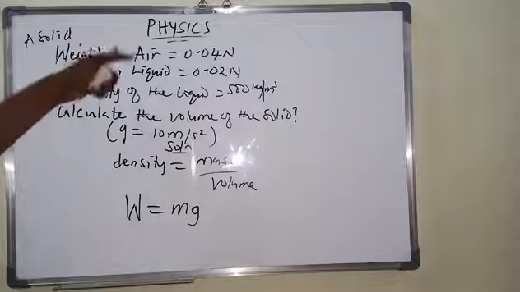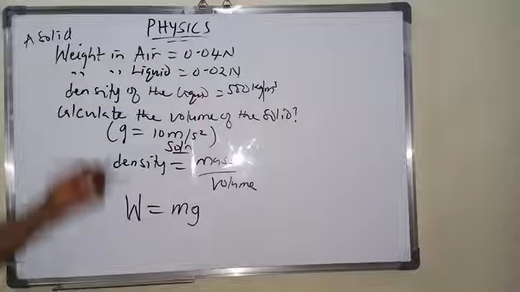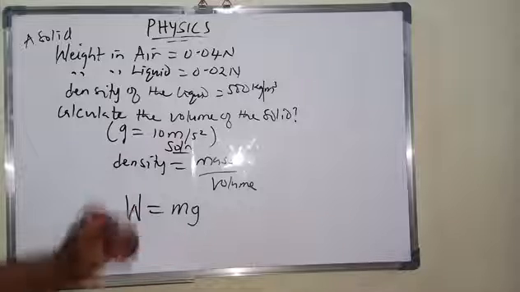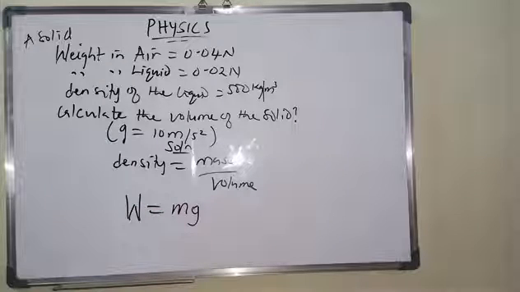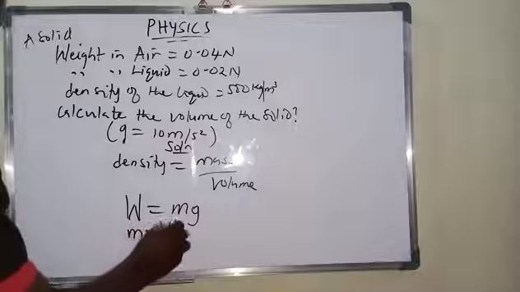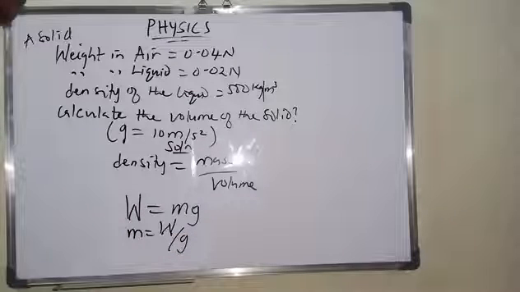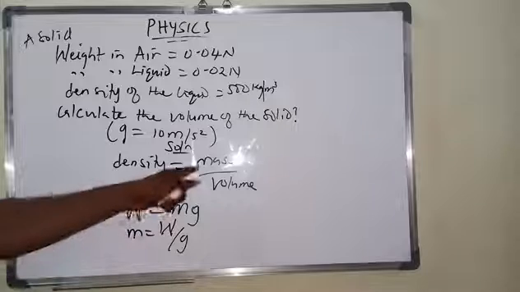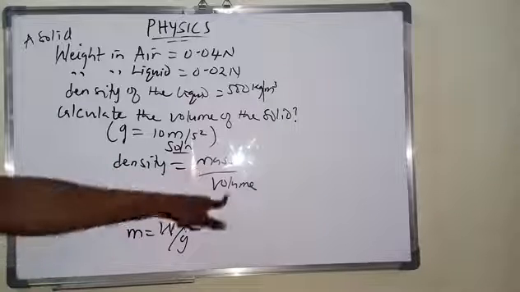So already we have the weight given. To convert weight to mass, we divide the weight by the acceleration due to gravity. So with this relationship, we could have gotten the mass and substituted, if you know the density, to calculate the volume.